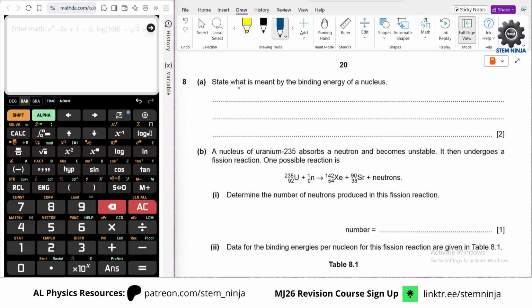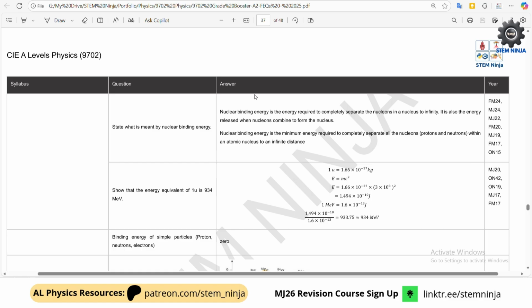Question number 8. State what is meant by binding energy of a nucleus. This definition is straightforward. This is also in the frequently examined questions.